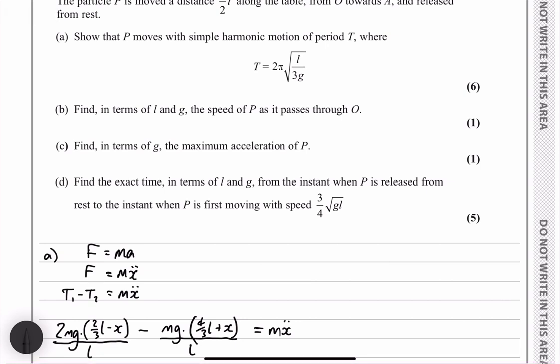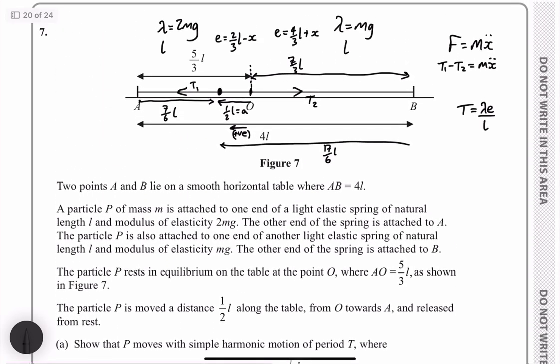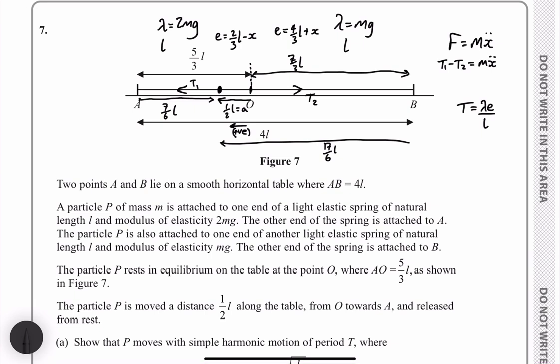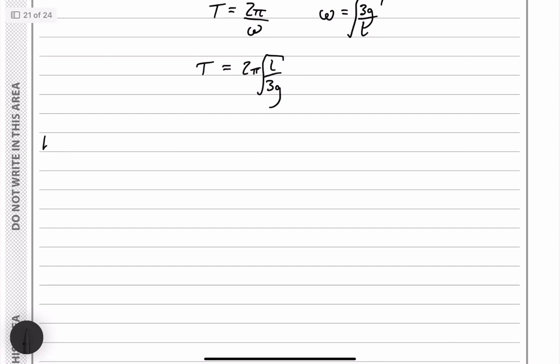Part B, find in terms of L and g the speed of P as it passes through O. Okay, simple harmonic motion ideas here are that when you're passing through your equilibrium point, that's the maximum speed. Hopefully you also remember an equation here that will help, namely that v squared equals omega squared times (a squared minus x squared).